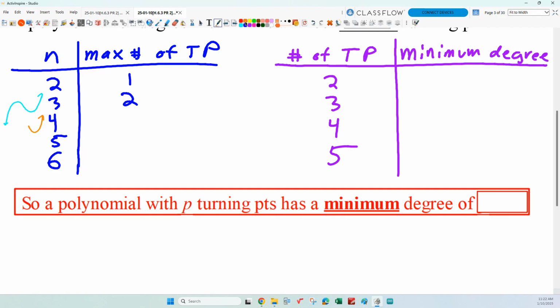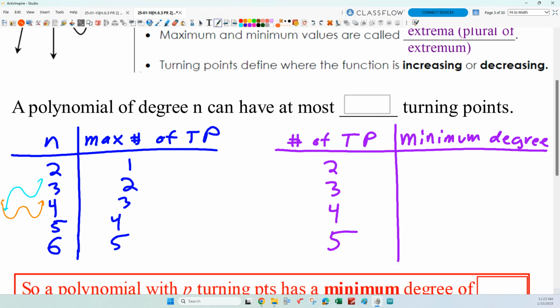If it turns once and twice, it's got to turn again to get back up to the correct end behavior. Everybody agree? So what's the trend here? They decrease, don't they? So if a polynomial has degree n, it can have at most how many turning points? N minus 1.